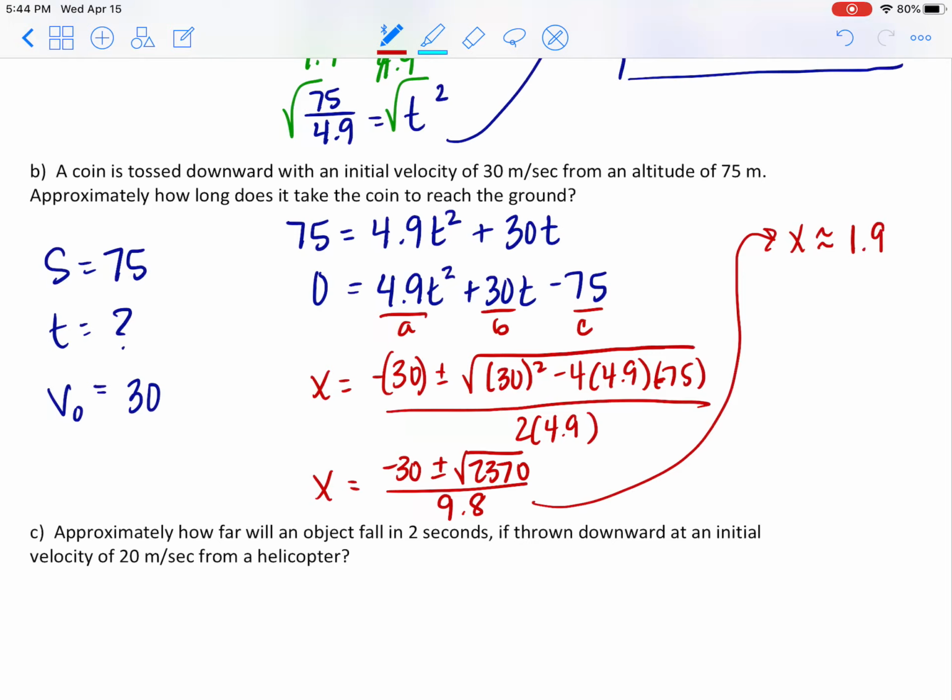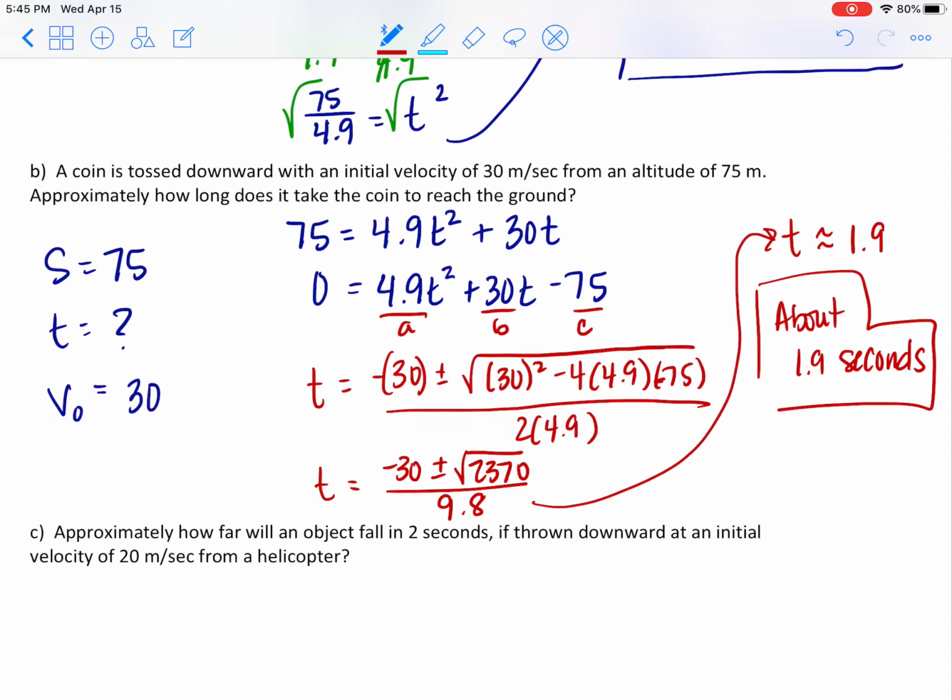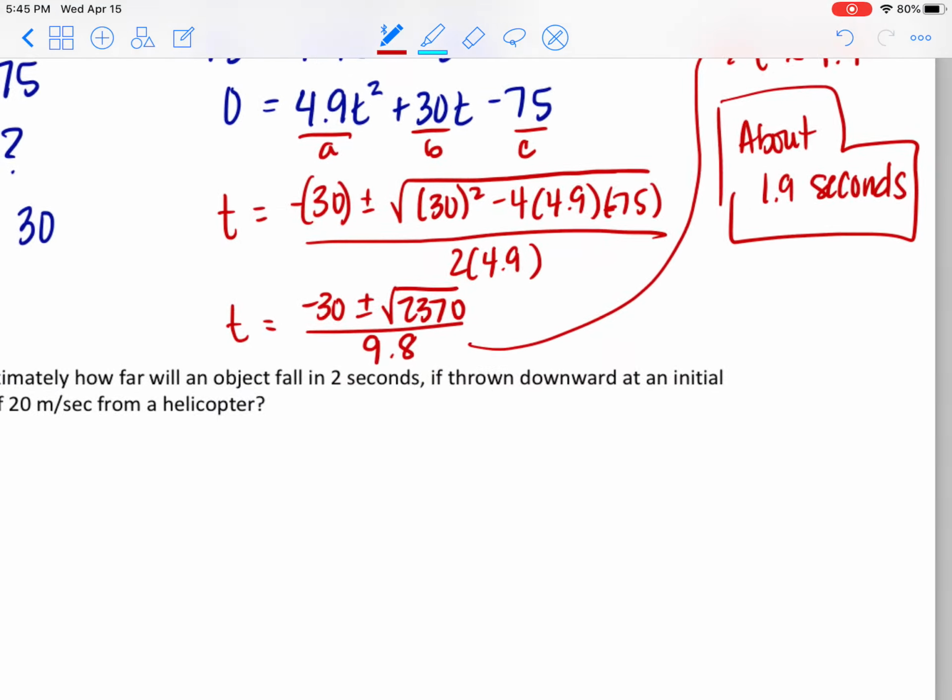So we get 1.9. This is going to be about 1.9. And that represented, oh, I said x, goodness. It is x technically, but in this case, t we were solving for. So we're going to say about 1.9 seconds.